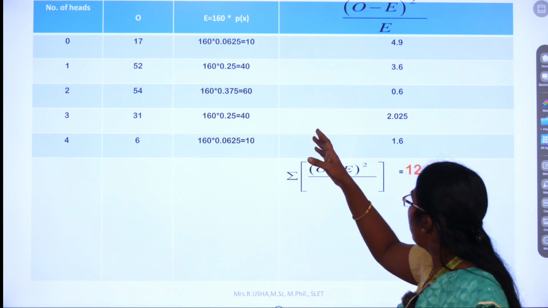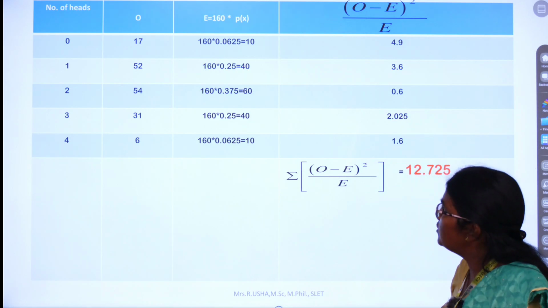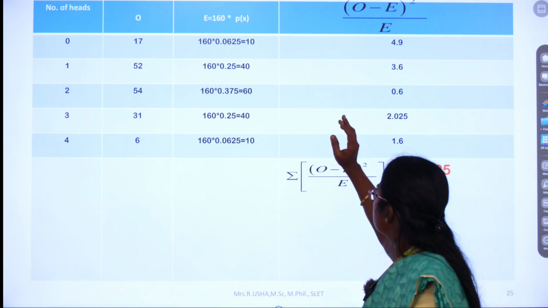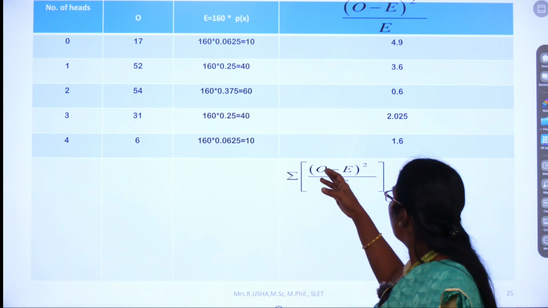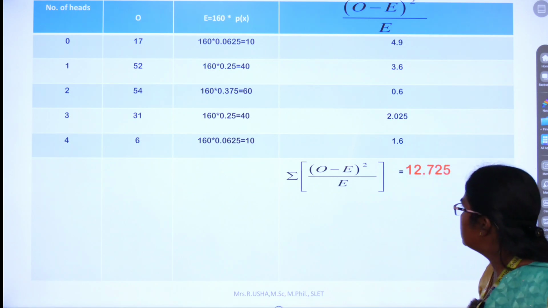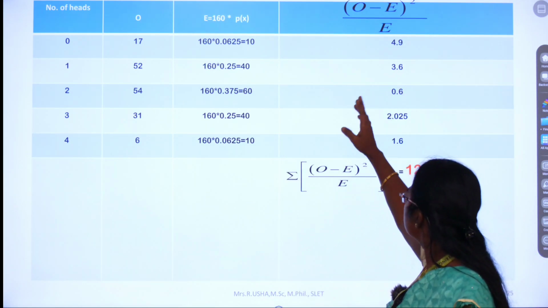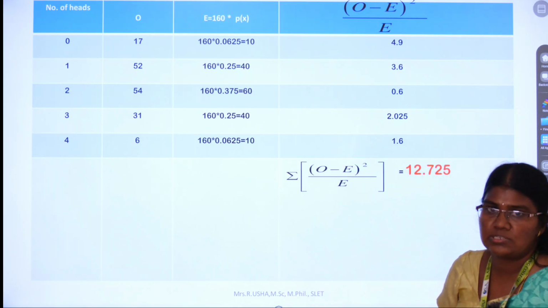And 52 minus 40 whole square by 40 is 3.6. And 54 minus 60 whole square by 60 is 0.6. And 31 minus 40 whole square by 40 is 2.025, and 6 minus 10 whole square by 10 is 1.6.